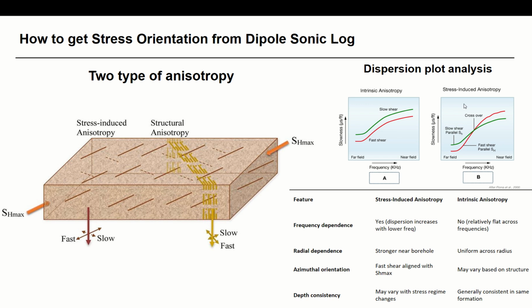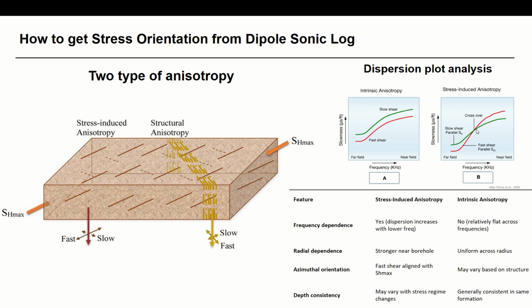However, in stress-induced anisotropy, where the anisotropy is caused by the stress, not by the rock itself, the wave will be split into two waves like the first one. However, we will observe a new phenomenon, which is the crossover between the fast and the slow shear waves.